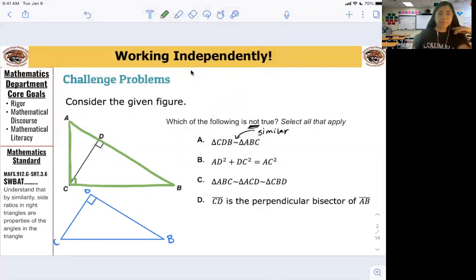This one's 90. Are they similar? So how do we check for similarity? What has to be true? The sides are proportional. Angles are congruent.